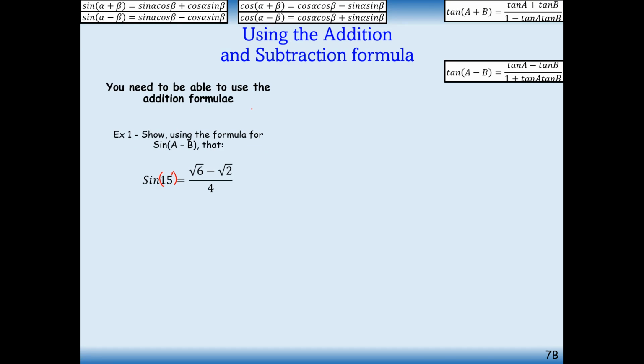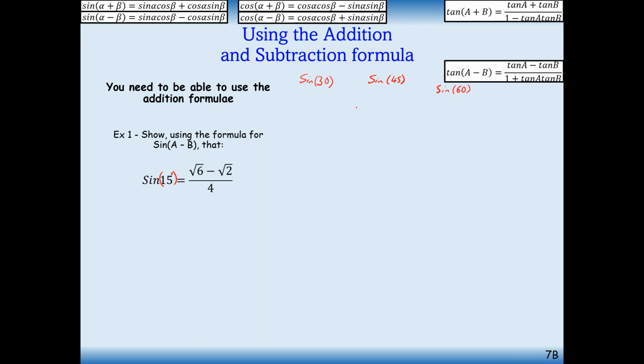No hints are given to us, but you should be familiar with some of the basic angles. So we know that the basic angles are sine 0, 30, 45, 60 and 90.